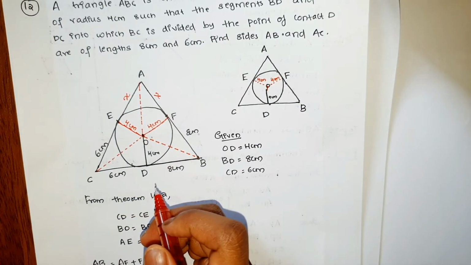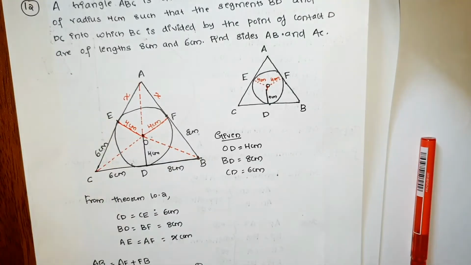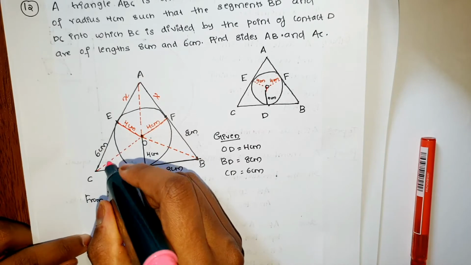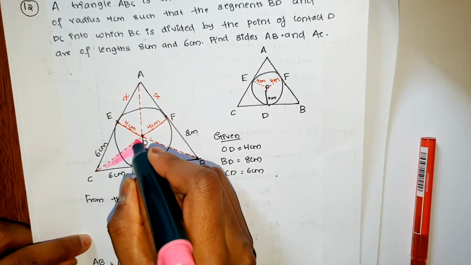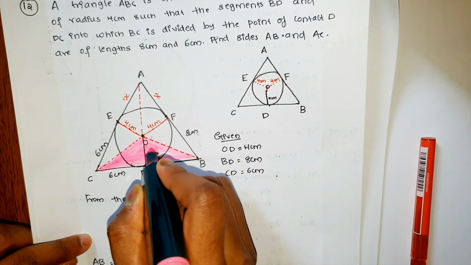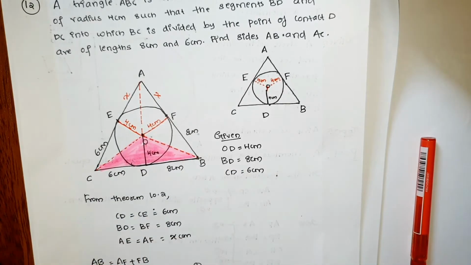How many triangles am I getting? I am getting a triangle here. So let me use a different color for this. This is one triangle, right?